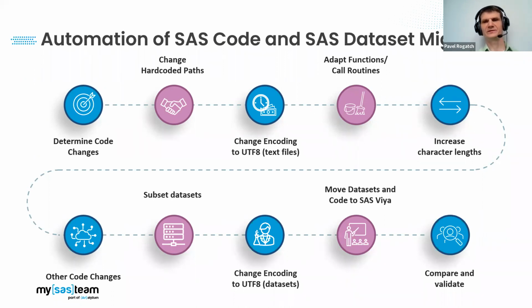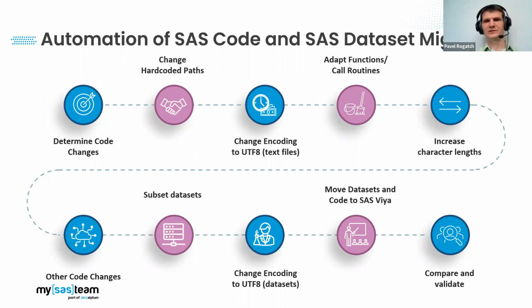SAS code files and SAS datasets required some preparation before they could be used in SAS Viya in a new environment. And we will talk about why this preparation was needed and how we did it and how it can be done.